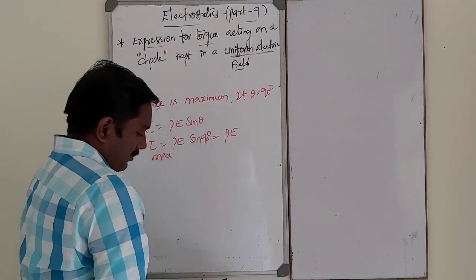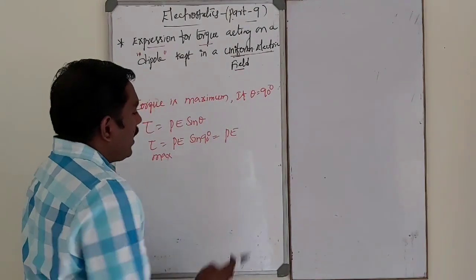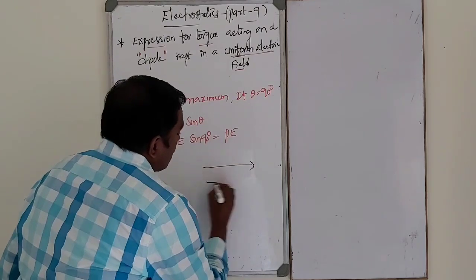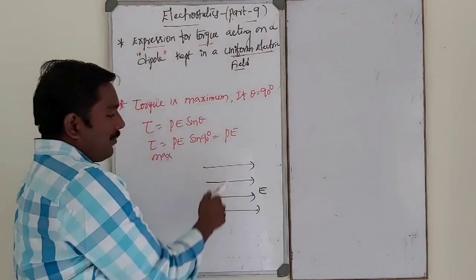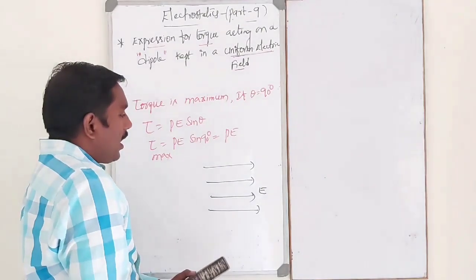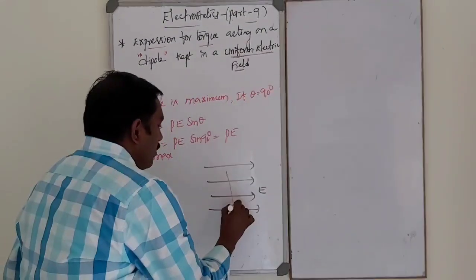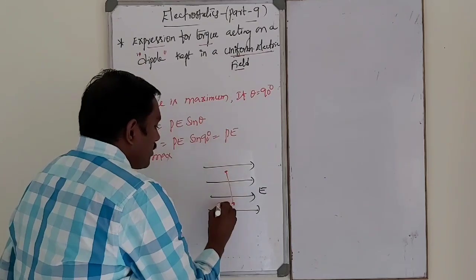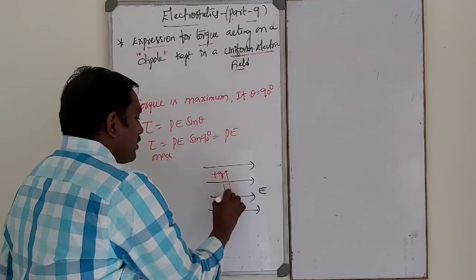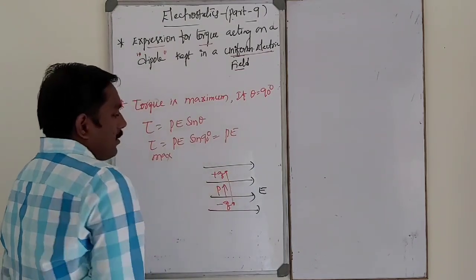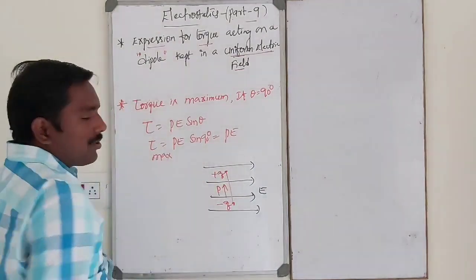See, this is the electric field, like this. This is the electric field direction. This is the direction of dipole moment, minus Q plus Q. The direction of dipole moment is like this, P, from negative to positive.